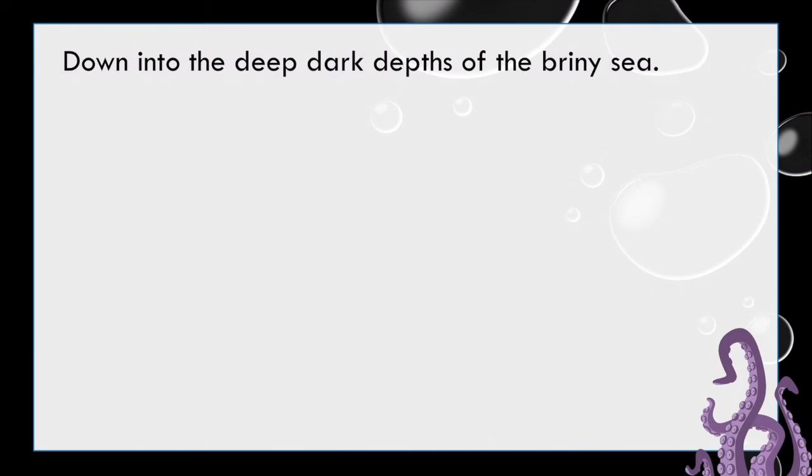So what about if I was given a bit of a sentence that just didn't make sense? Down into the deep dark depths of the briny sea. This is a sort of sentence I have been seeing in your books. It's lovely. You've put deep dark depths, briny sea. Briny means salty sea. It sounds really interesting. It's got prepositions in it, down and into. It's got a lovely expanded noun phrase, the deep dark depths of the briny sea.